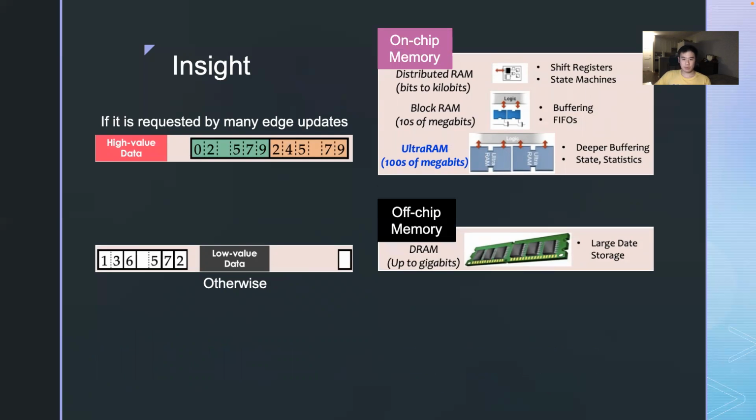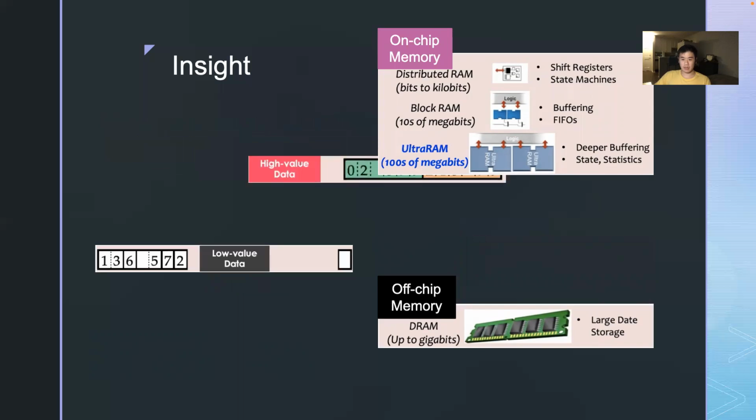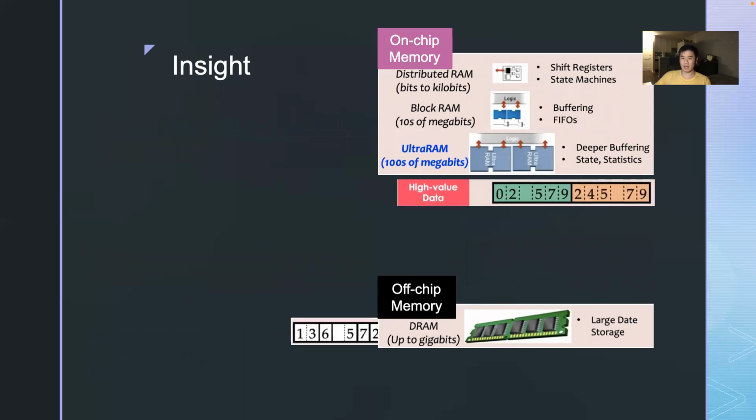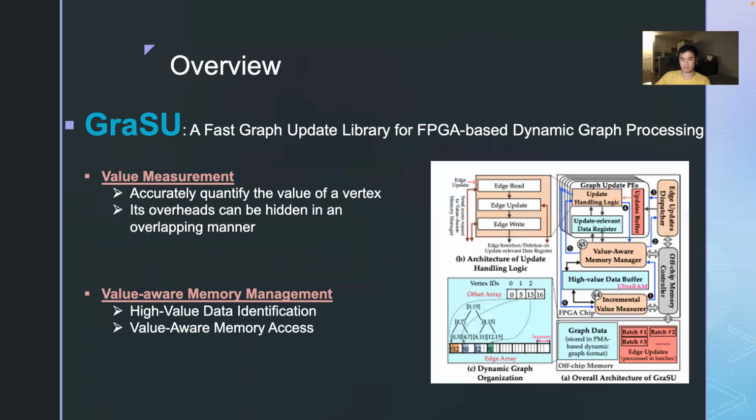Therefore, this motivates reducing most off-chip communication overheads by applying differential data management, in which for each batch of graph updates, high-value vertex edges reside on the specialized on-chip UltraRAM, while most low-value ones are stored in the off-chip memory.